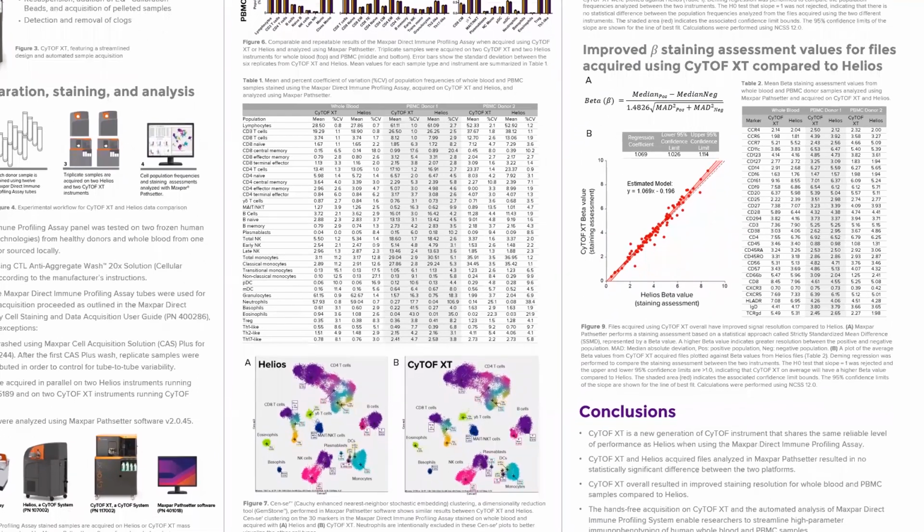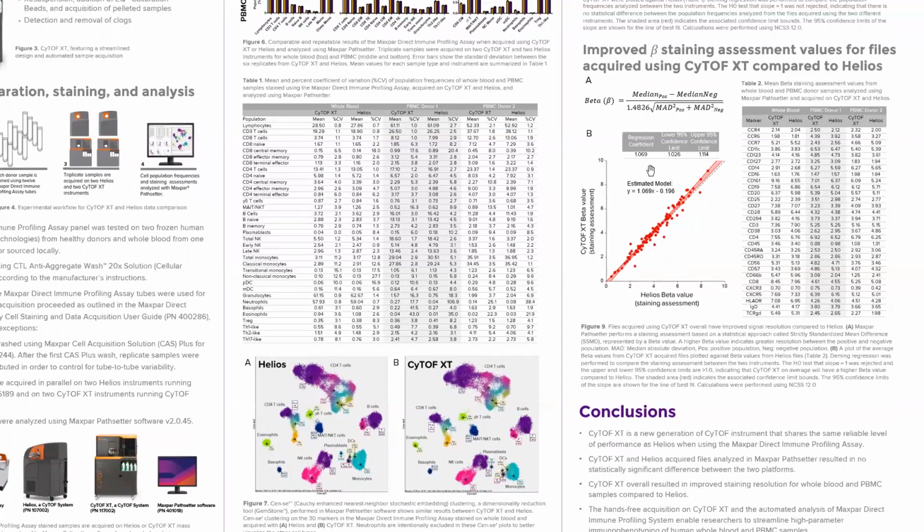How to read this beta value is that a higher beta value would mean greater resolution between the positive and negative population. This is calculated using this formula here, where MAD equals mean absolute deviation, pos equals positive population, and neg equals negative population.